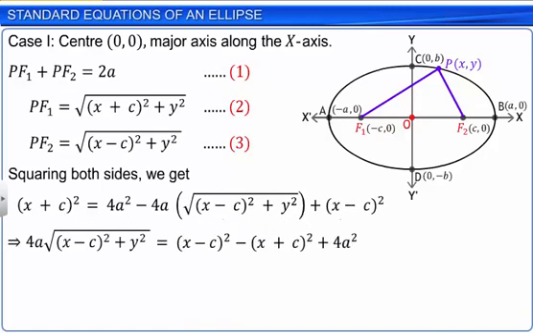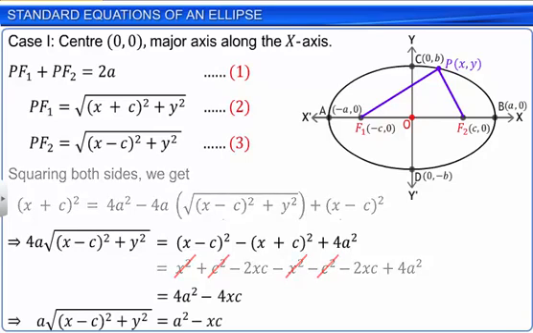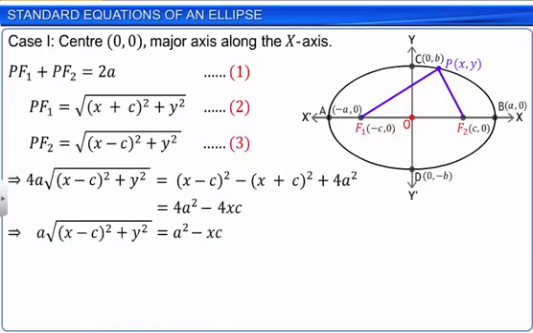On simplifying, we get under root x minus c whole square plus y square is equal to a minus c upon ax.